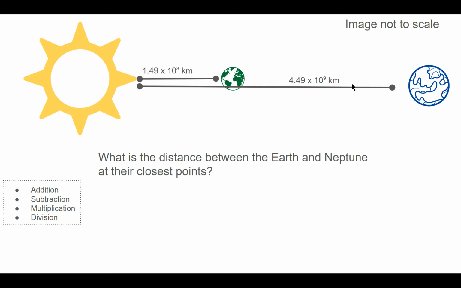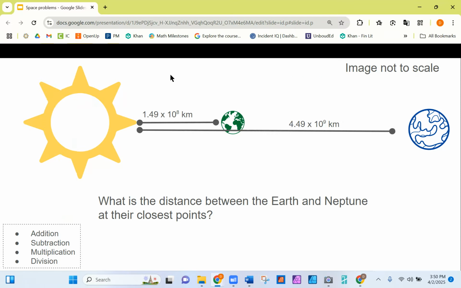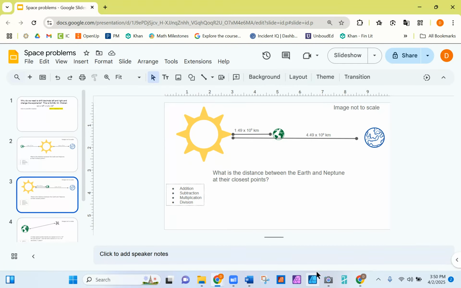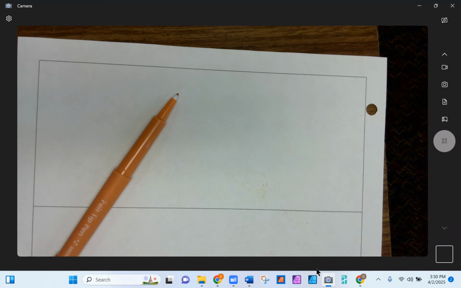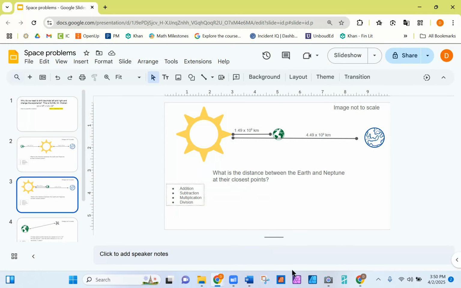The idea is we're going to take this 4.49 times 10 to the 9th and subtract the distance of the Earth from the sun. So let me write that down: 4.49 times 10 to the 9th minus 1.49 times 10 to the 8th.